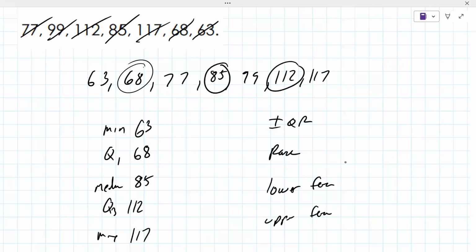For IQR, I got 69. For range, I got... IQR is not 69.